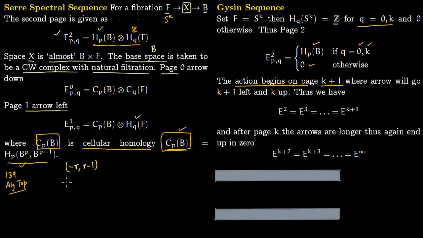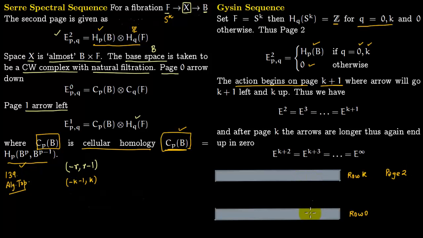So on page k plus 1 the arrow will go minus k minus 1 and then k, because you have to go from the 0th row to the kth row to have non-trivial arrows. So say this is row 0 on our page 2, and this is row k.